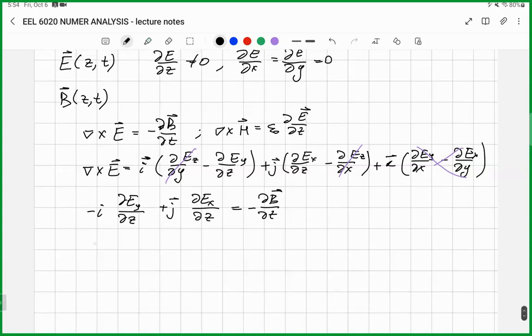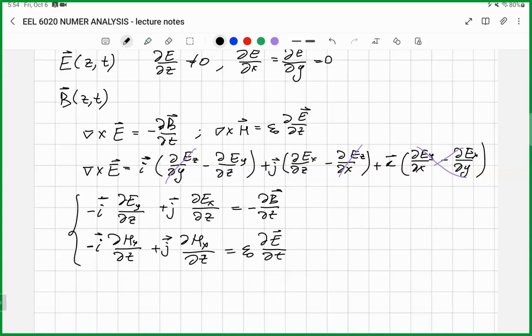And for the curl of magnetic field, I basically have exactly the same: minus i dHy over dz plus j dHx over dz is equal to epsilon 0 dE over dt.